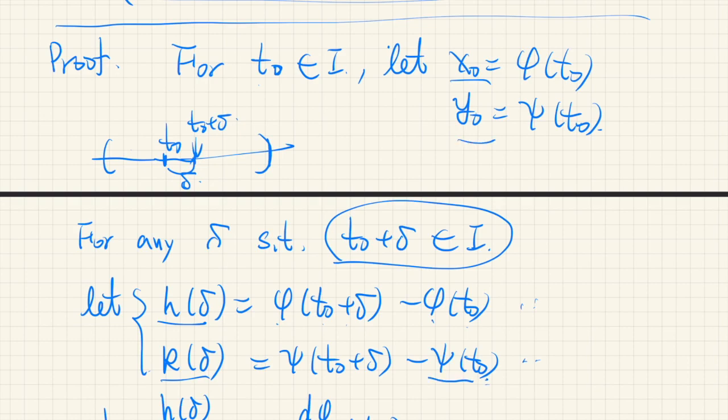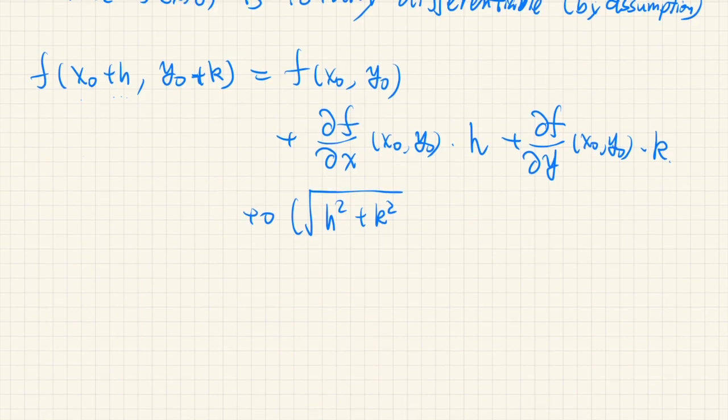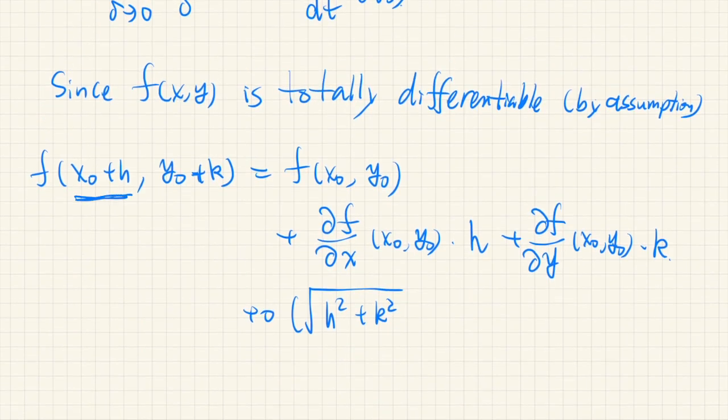So x0 plus h is phi of t0 plus delta, and y0 plus k means psi of t0 plus delta, by the definitions of h and k.